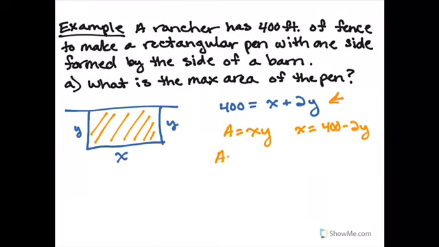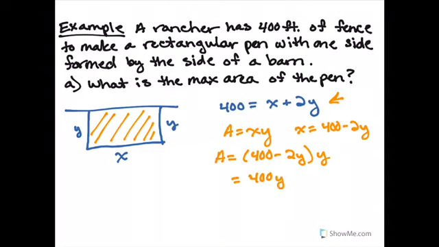So our area becomes 400 minus 2y times y. Let's distribute that y. We get 400y minus 2y squared. And we need to take a derivative.